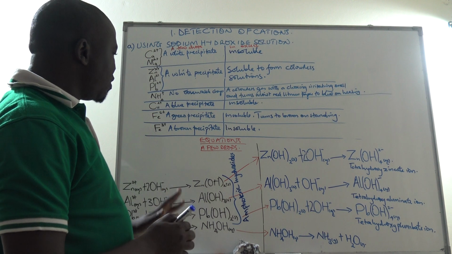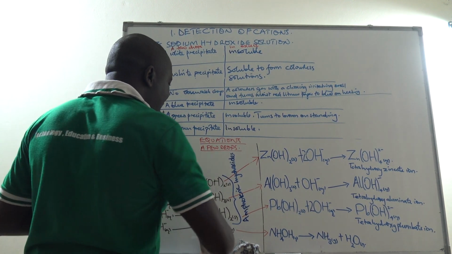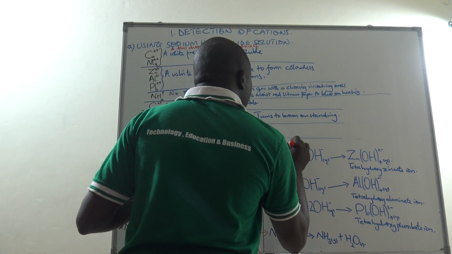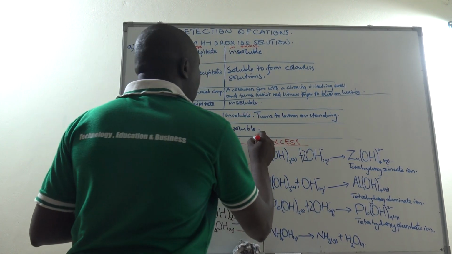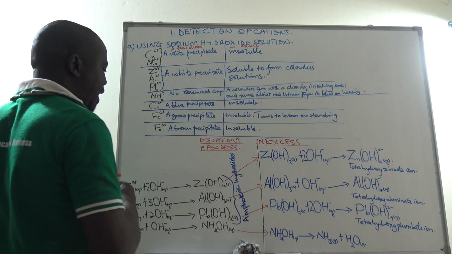So we should know that these are the reactions when we have added just a few drops. Then in excess we are able to get the colorless solutions for the first three cations.